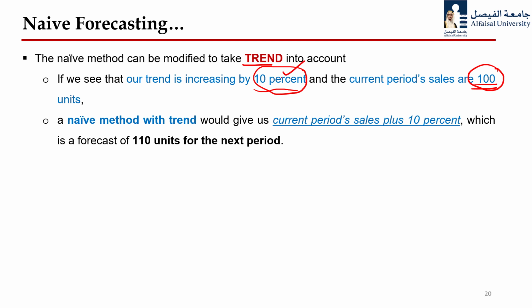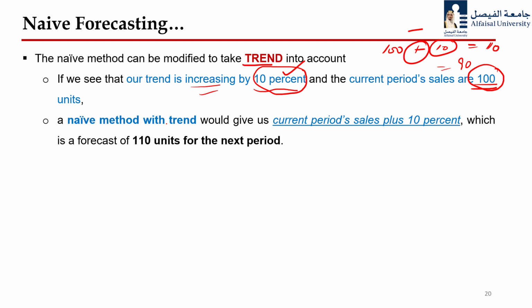If the increase is 10%, the 10% of 100 is going to be 10. So that increase plus the current value means the next period forecast is going to be 110. But if the trend says there is a decrease, then instead of addition, we are going to subtract.